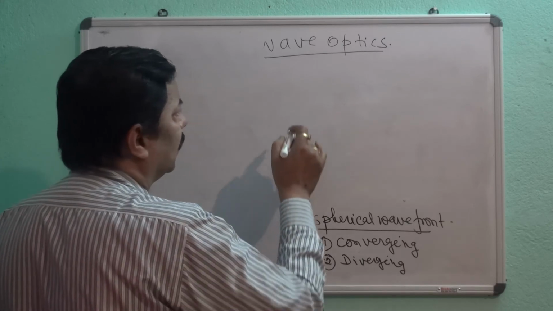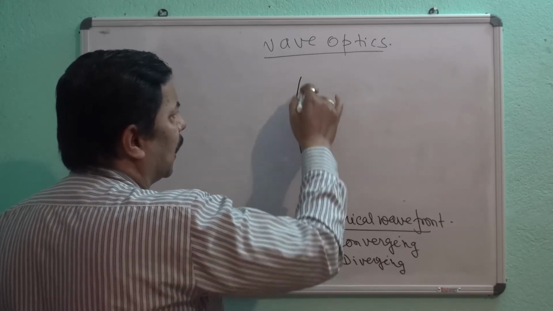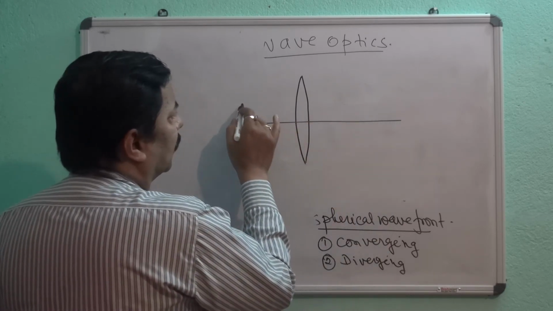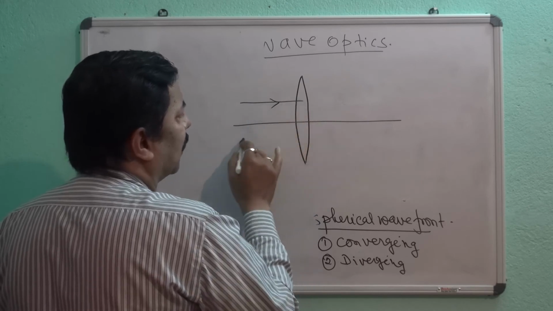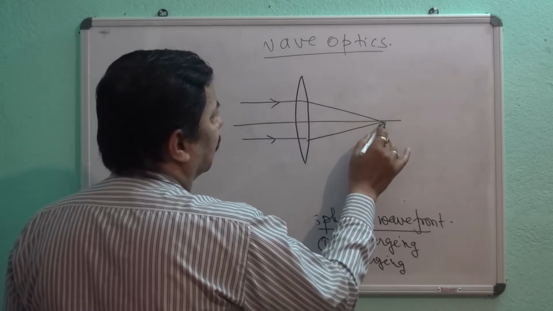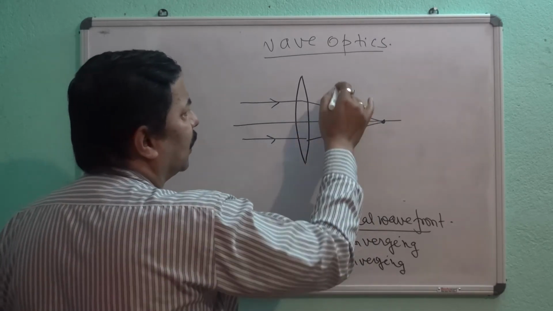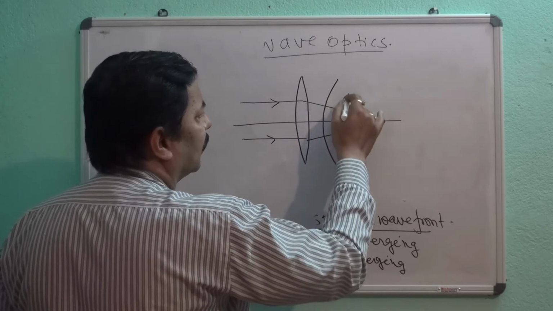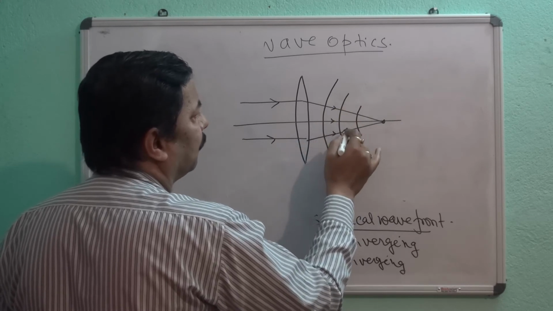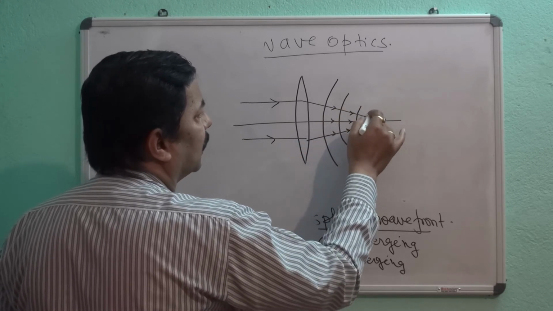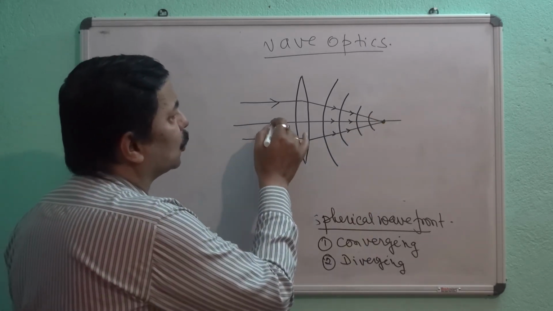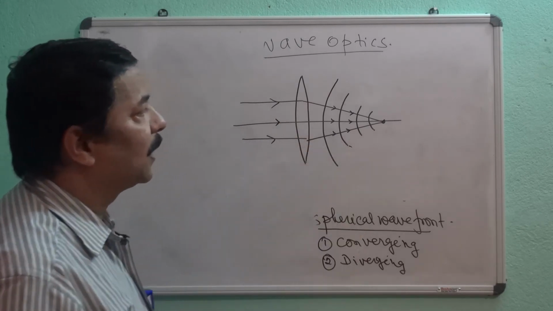If we take a wavefront from here, you see, parallel rays are coming, so they will converge at this point. When they are converging at this point, this is the wavefront that is converging in nature. This gives the direction of the ray. This one thing you should understand. This is the converging spherical wavefront.